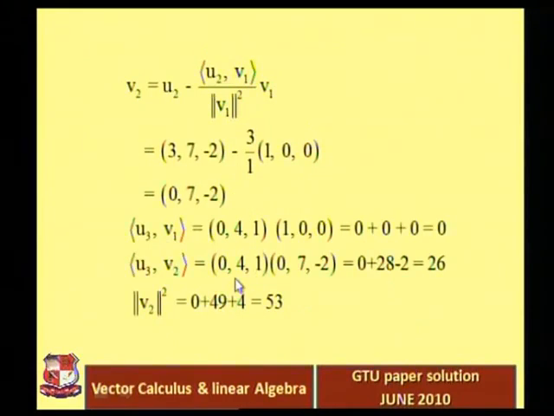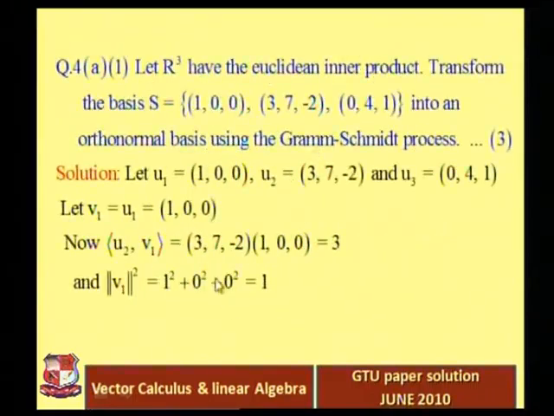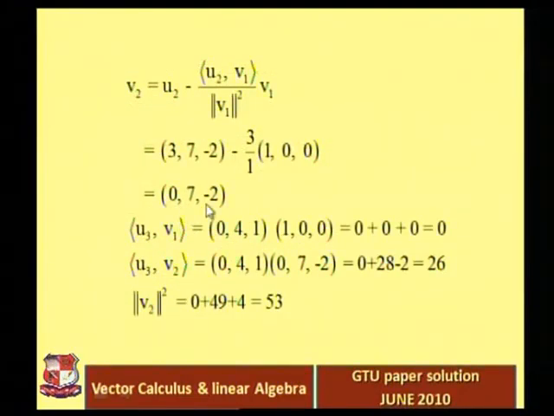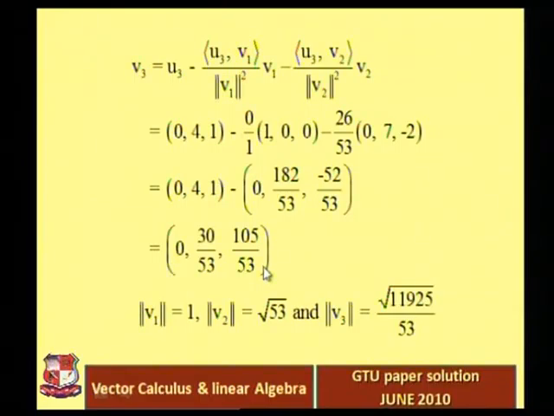So these three vectors V1, V2 and V3 are an orthogonal set of vectors.